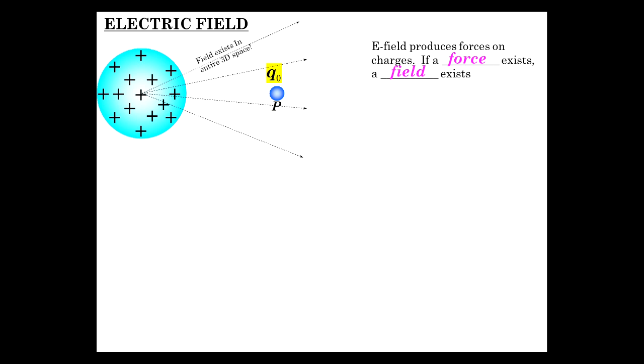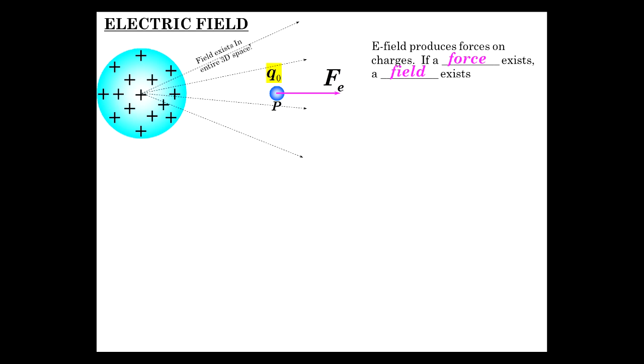Now, that's not a logically essential statement. It is not true by logical deduction. It's an empirical result. We never see a non-gravitational force on a charge, apart from a field being there. So we can safely assume that they're related.